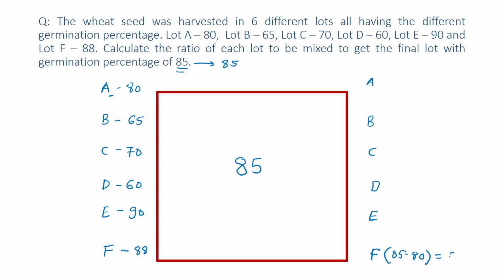So here it will be 5. Then for B, diagonal comes to E. So E will be 85 minus 65. That comes to 20. Then for C, it will be 85 minus 70. That comes to 15.